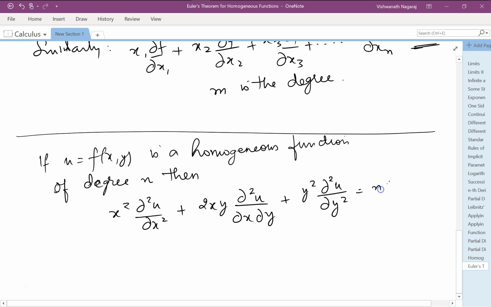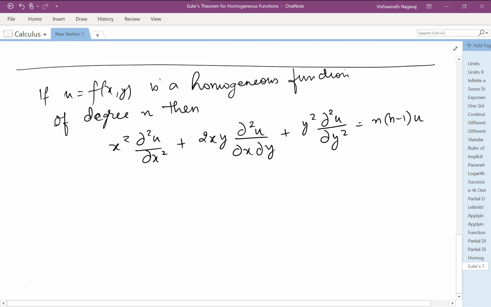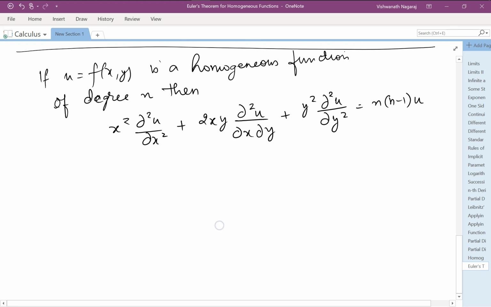This is equal to n times (n minus 1) u. This is what Euler's extended theorem of homogeneous functions says. So now let's see how to prove it.